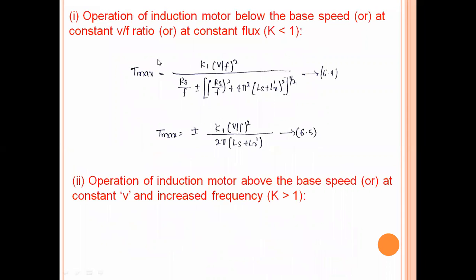Okay. And next, we have two different conditions in order to plot the variable frequency characteristics. The first condition is the operation of the induction motor below the base speed, also called constant V by f ratio, or constant flux, which is K less than 1.